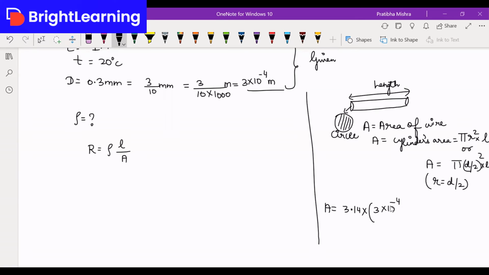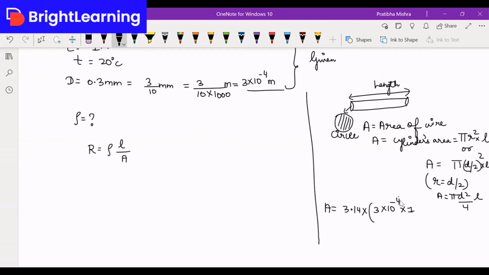Okay, next. Multiply it with length. Length is 1 meter. Now see, this is pi d square by 4. It will become pi d square by 4 if you open it outside the brackets. The diameter was 3 into 10 to the power minus 4, right?